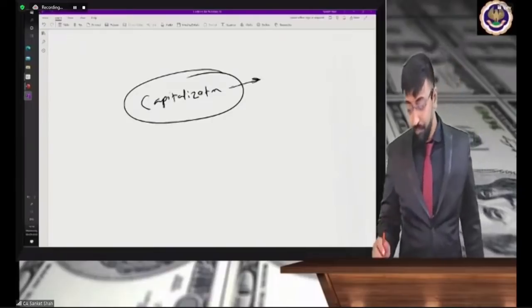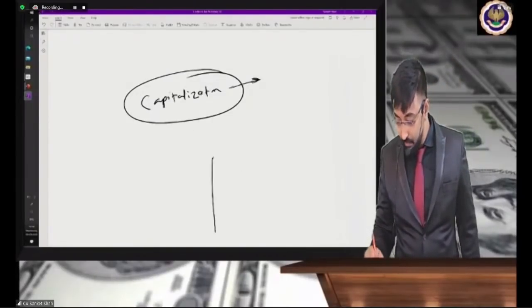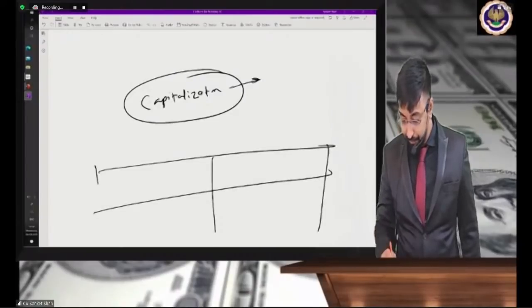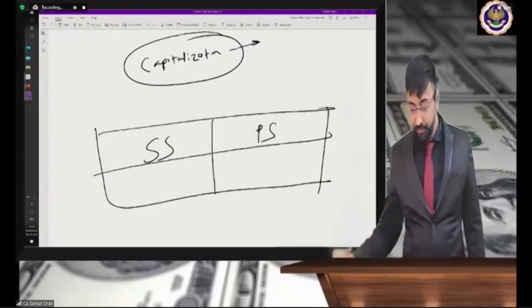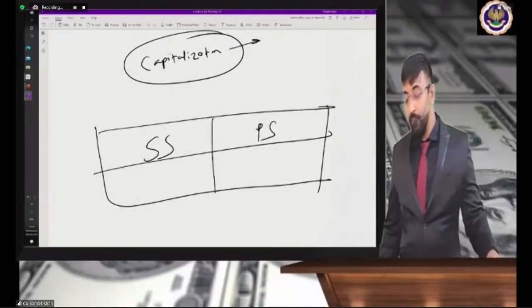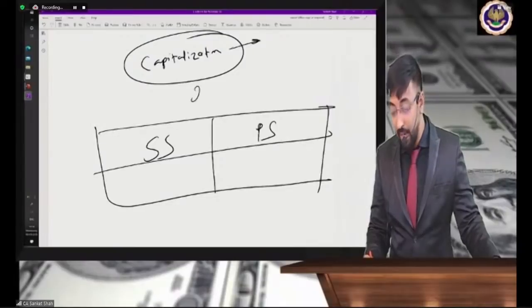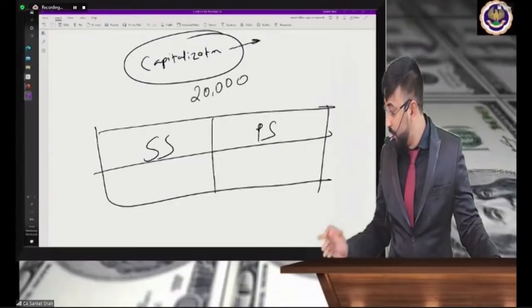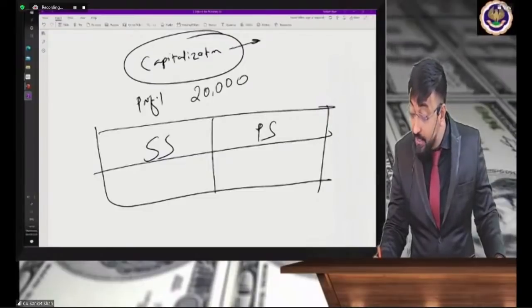Now, Pratham and I, Sanket sir and Pratham Shah. In the capitalization method, both of us are earning 20,000. Profit is same.